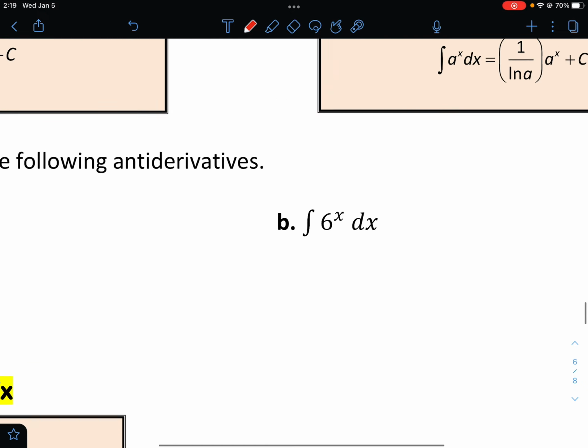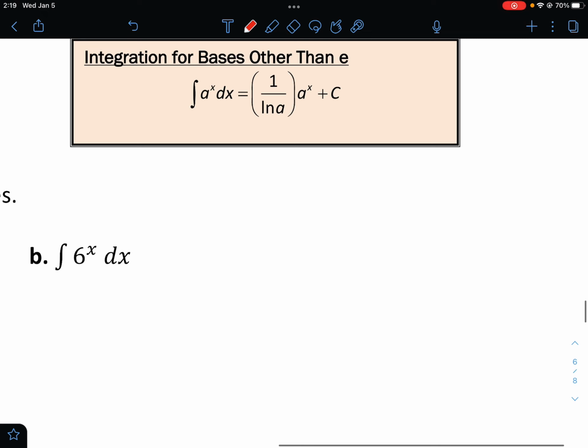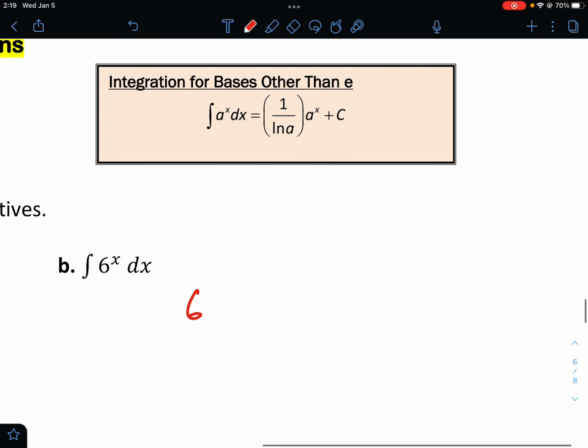What if the base is not e? Okay, so that's just going to be a to the x times 1 over natural log a. Or you can say divided by natural log a. Either way. So the antiderivative of 6 to the x is going to be 6 to the x over natural log 6 plus c.